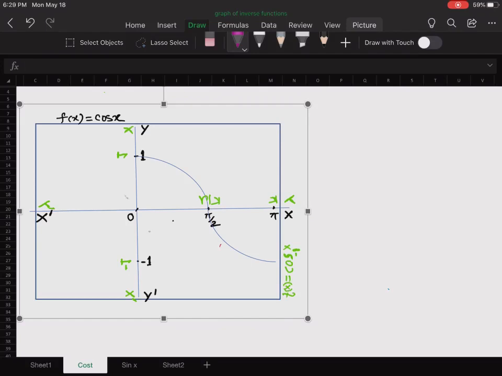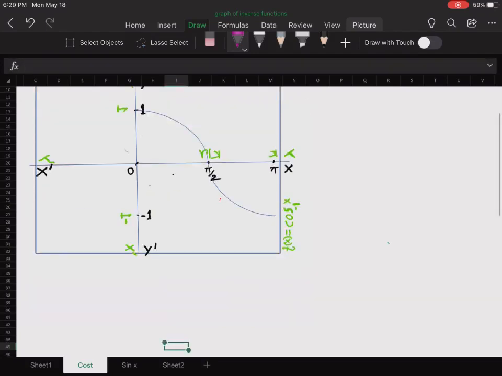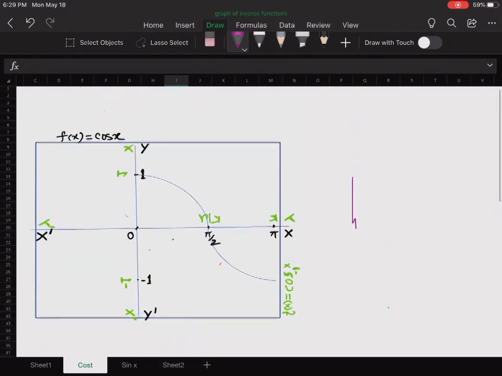For this we have to do two steps. The first is that we will turn this sheet 90 degrees in the anti-clockwise direction. Originally our x is here, our y is here, x dash is here, y dash is here.